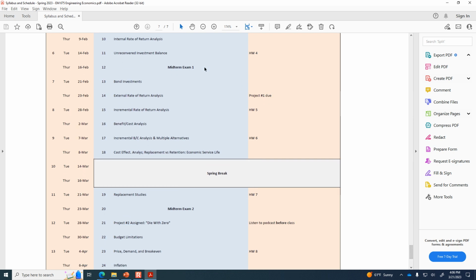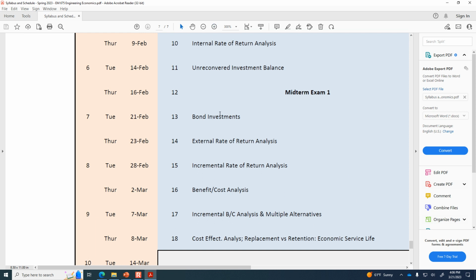So midterm exam 1 we had back in February, and since then we've talked about bonds, external rate of return, incremental rate of return, benefit cost, incremental benefit cost, and then today we're going to do cost effectiveness analysis and economic service life.